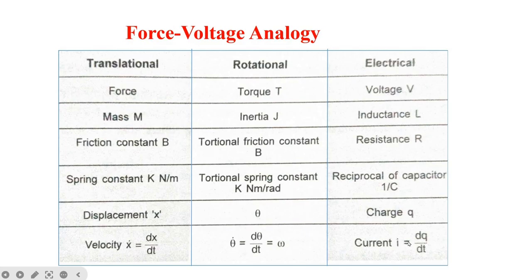It is analogous to current I, that is equal to dq by dt, that is the rate of change of flow of the charge. Okay, so these are the analogous elements of the translation, rotational, and the electrical system based on the force voltage analogy. These you need to remember because these will be used in the problems.